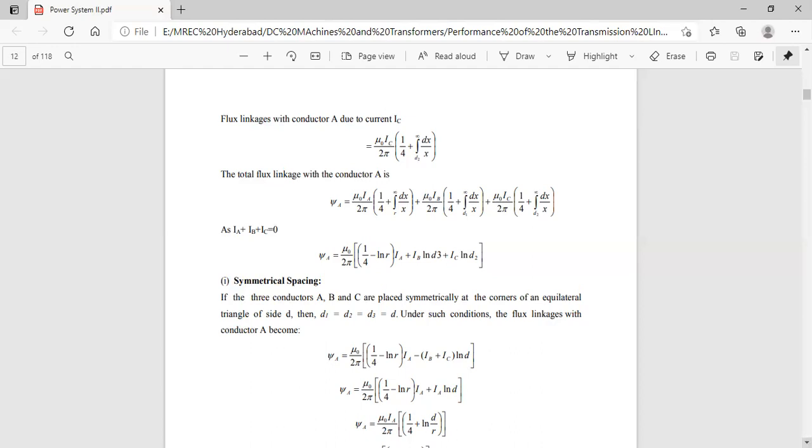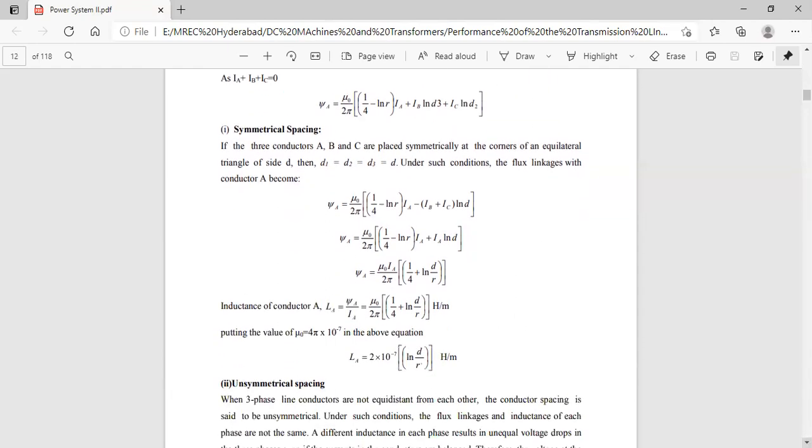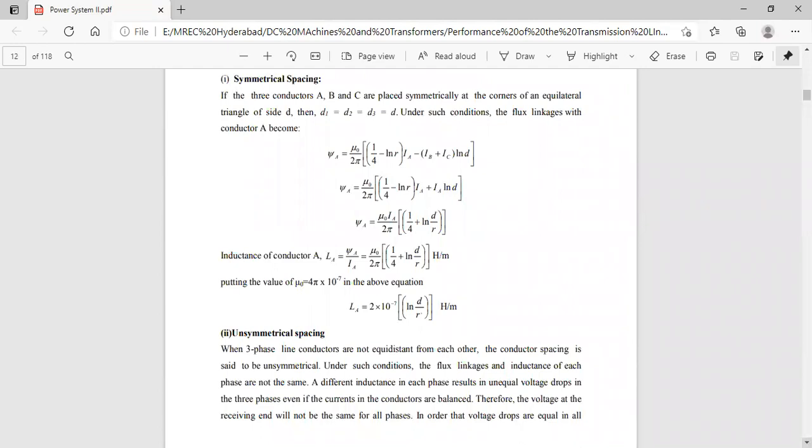That means the distance between conductors A and B, A and C, B and C will be equal, that is D1 equal to D2 equal to D3 equal to D. Under such conditions, the flux linkage with conductor A becomes phi A equal to mu naught divided by 2 pi into 1 by 4 minus ln of r into IA minus the quantity IB plus IC into ln of D. Now simplify this equation. The total flux linkage in conductor A is equal to mu naught into IA divided by 2 pi into 1 by 4 plus ln of D by r.